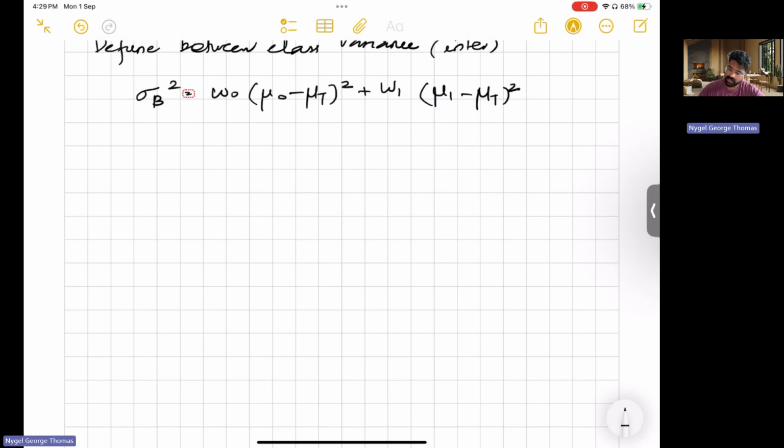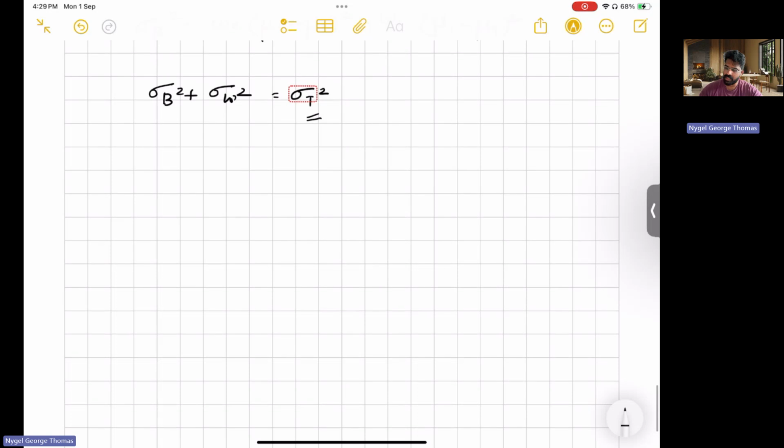It happens that we have a relation between between class variance and within class variance. Between class variance plus within class variance is equal to the total variance, which is independent of t. This is a constant for a given image.